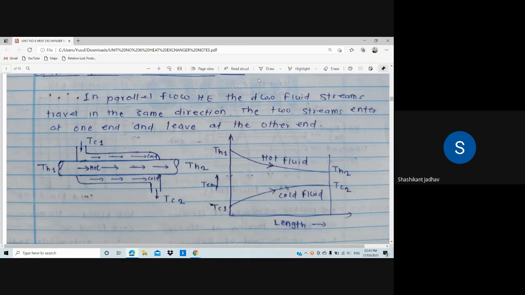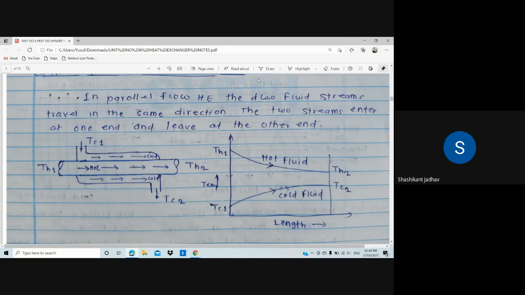Unidirectional flow of heat exchanger. Okay, so all of you write down: in parallel flow heat exchanger, the two fluid streams travel in the same direction.